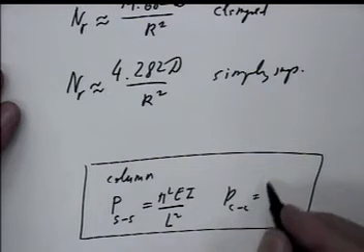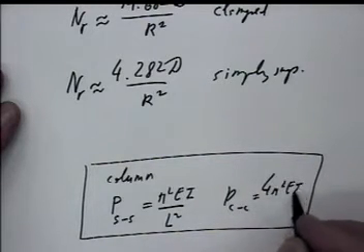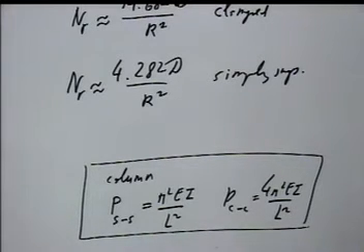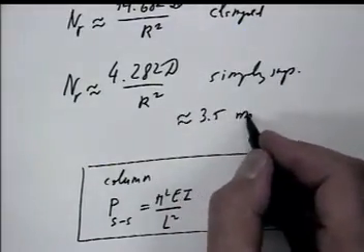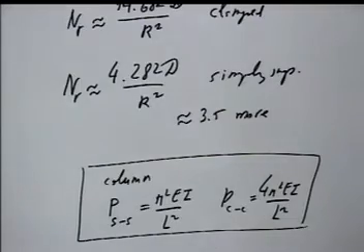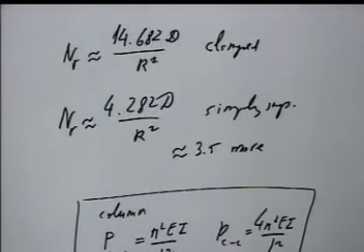P clamped equals 4 pi squared EI over L squared. So there was a factor of 4 for the column. Here for the plate, we don't have an exact integer number, but a number that is not very far from that, approximately 3.5 times more. A clamped plate naturally should be stronger. It should buckle at a greater value of the load.